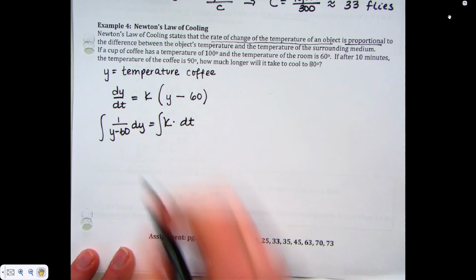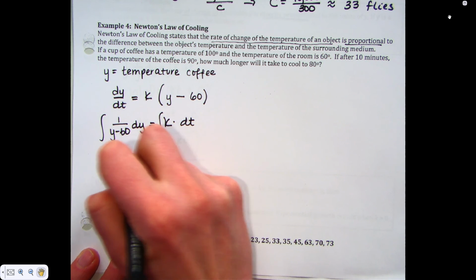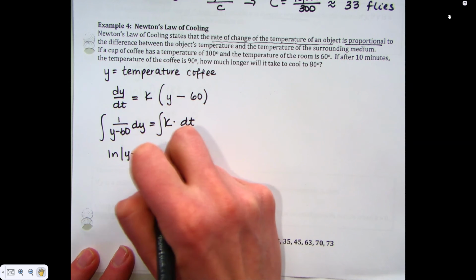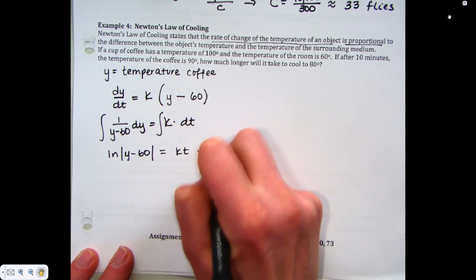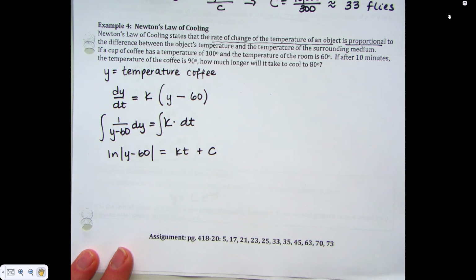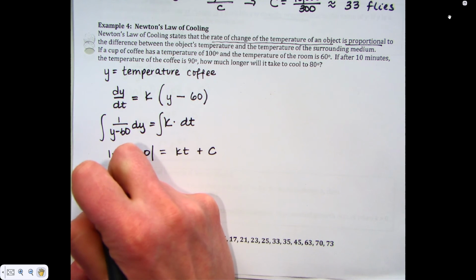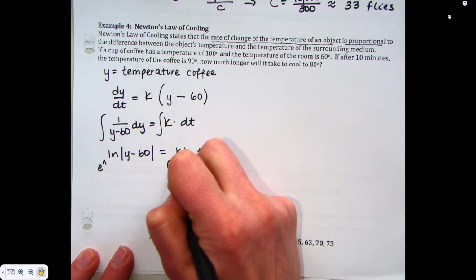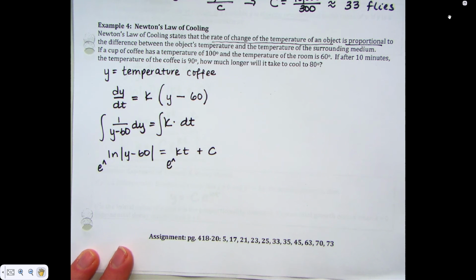relation here. So this would be the log of the absolute value of y minus 60 equal to k times t plus c. Just like, again, on the first page, I will use my exponents to come up with an equation for y equals so that I can have this in relationship to the temperature of the coffee.